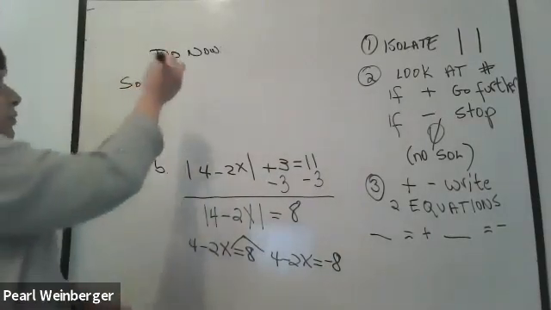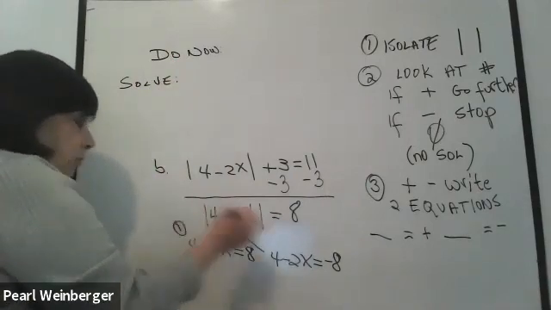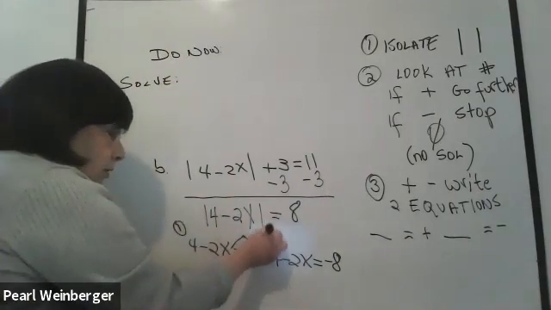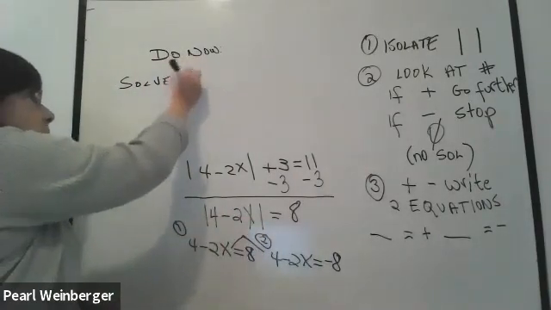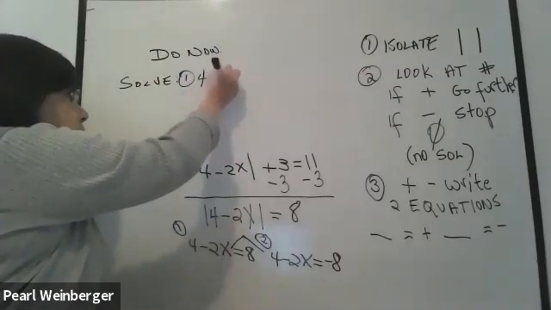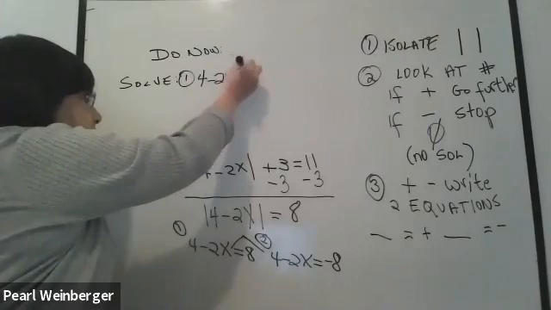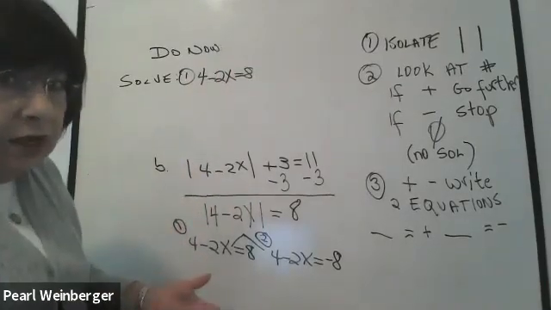So let's do the first equation. I'll call this number 1, and I'll call this number 2. So here's equation number 1. We're doing 4 minus 2x equals 8. Well, I know how to solve that. That's not a hard equation to solve.